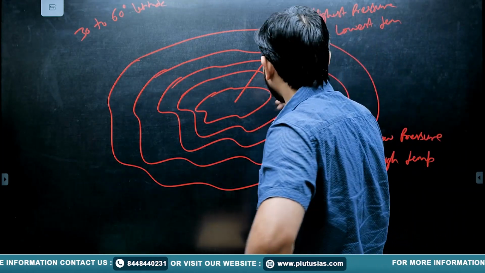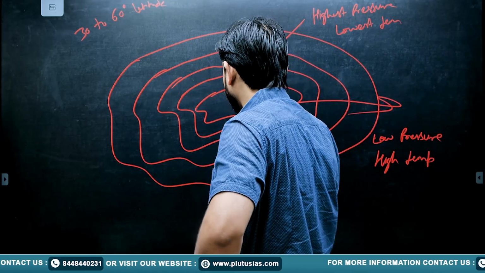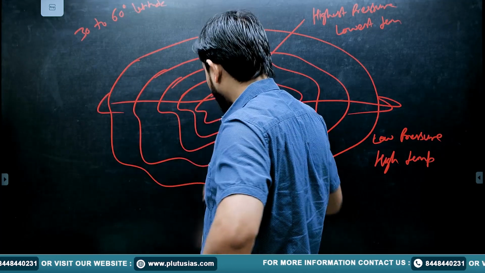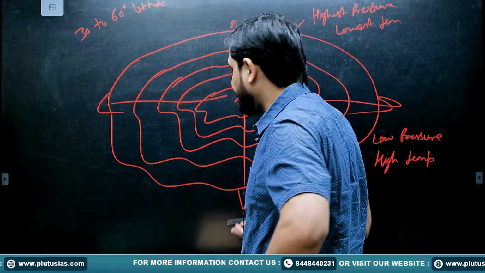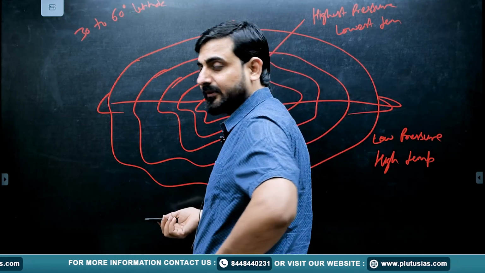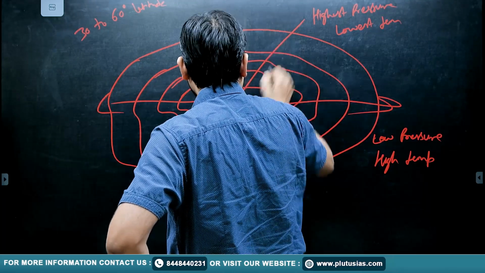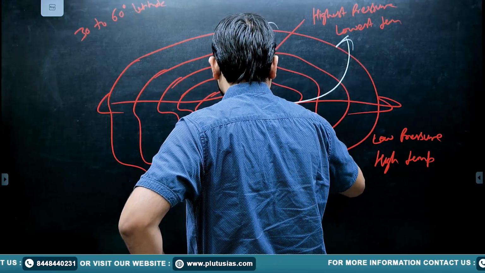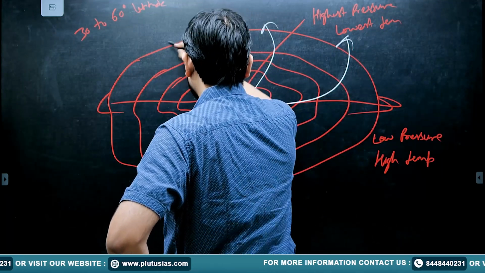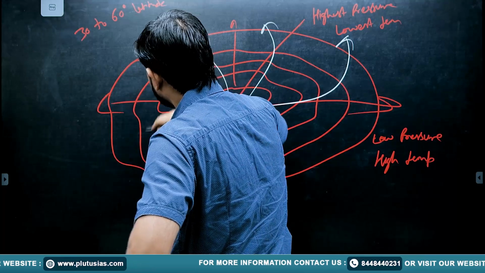So wind starts to move outward like this. When the wind moves outward, due to Coriolis force, the wind is deflected towards the right hand in the northern hemisphere. So the wind is deflected like this.